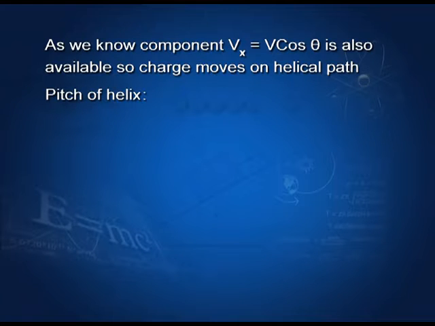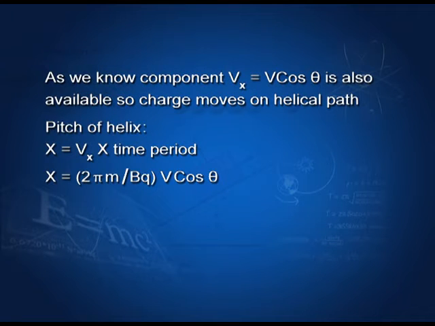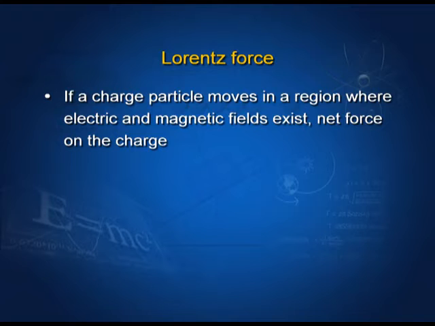So, the pitch of the helix, x, is equal to the velocity along the x-axis into the time taken to complete a round. As velocity along the x-axis is v cos theta and the time period T is 2 pi m upon Bq, we get the pitch x equals 2 pi m divided by Bq into v cos theta.